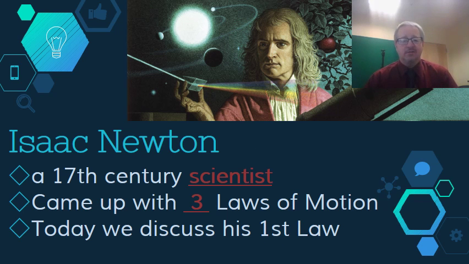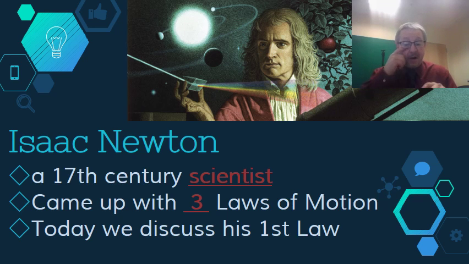So when we say Newton's laws of motion, we're talking about the Isaac Newton. Hopefully you've heard of him. He was around in the 17th century, so that would have been like the 1600s. And he, of course, was a scientist. He came up with a way to describe motion using three laws.